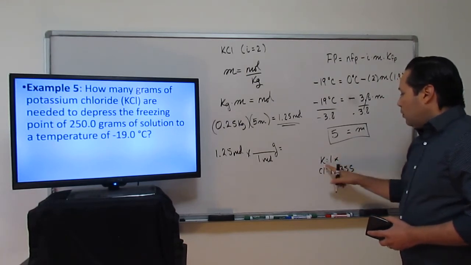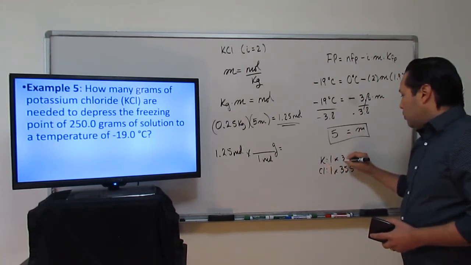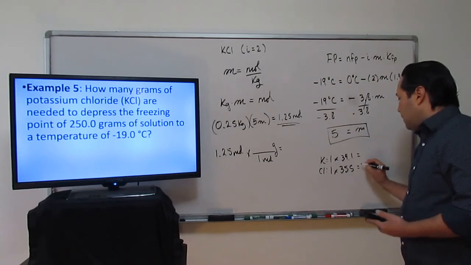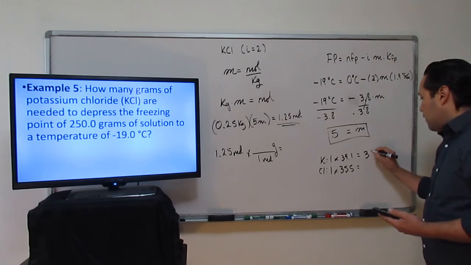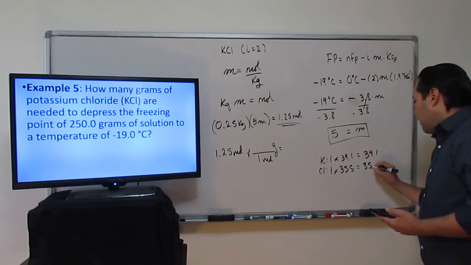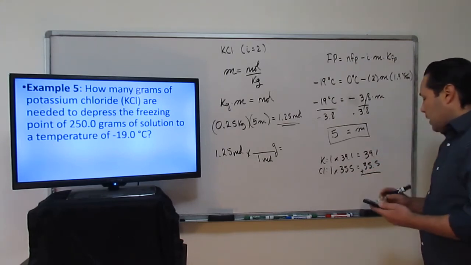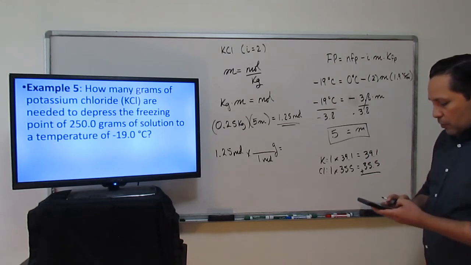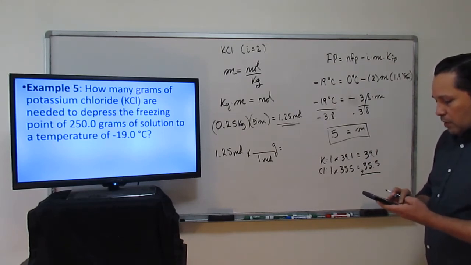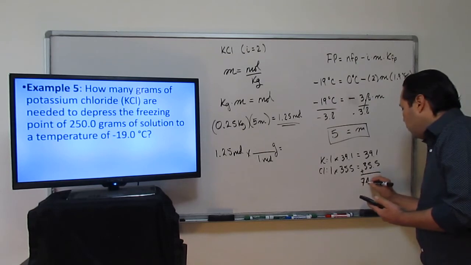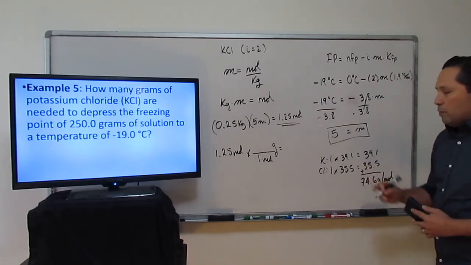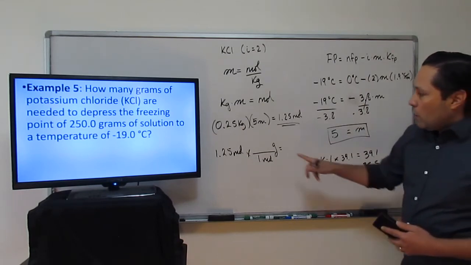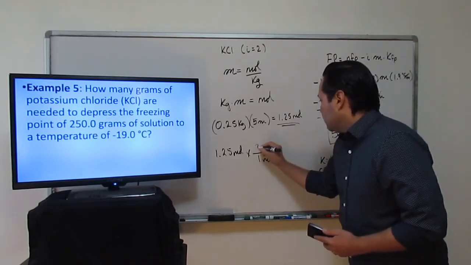Molar mass of potassium is 39.1. Well, it's times 1, so it's the same value. So we're going to add them up. 35.5 plus 39.1 gives us 74.6 grams per mole, and that is the molar mass of the potassium chloride. So I'm going to put that here.